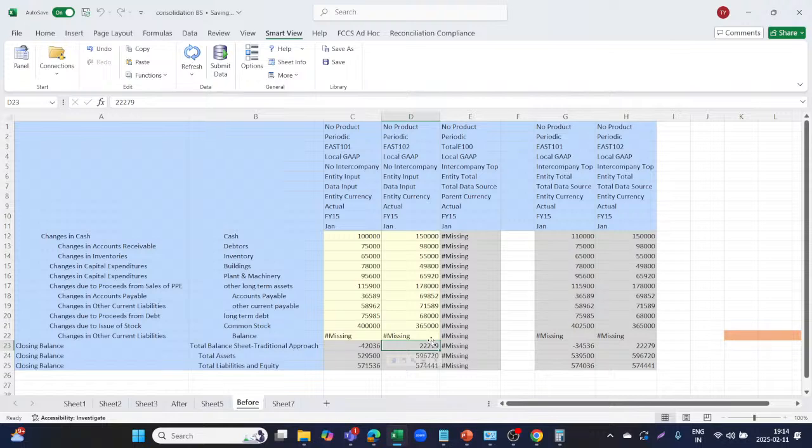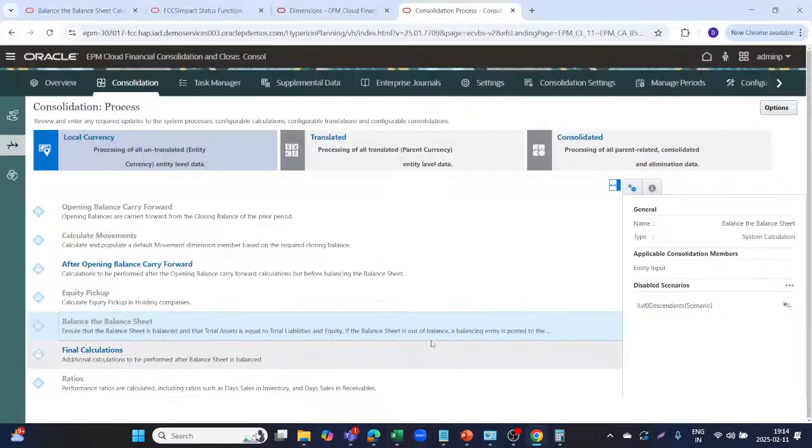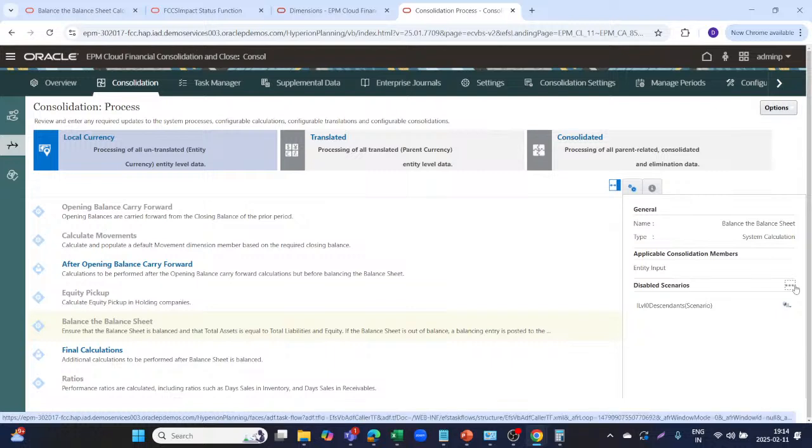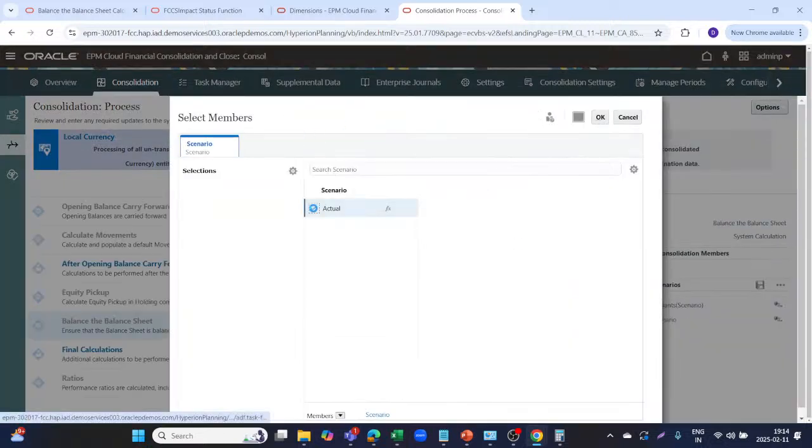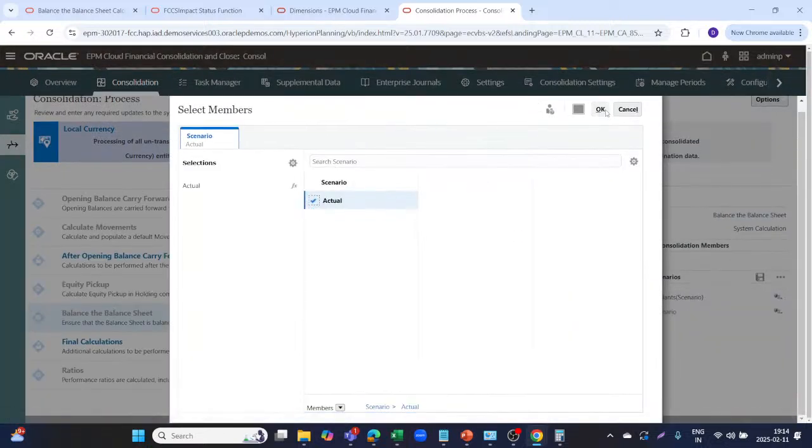Now we want to adjust this figure. So how to do that? You come over to this under balance sheet. I'll add a scenario for which I want to exclude this case, that is your actual.